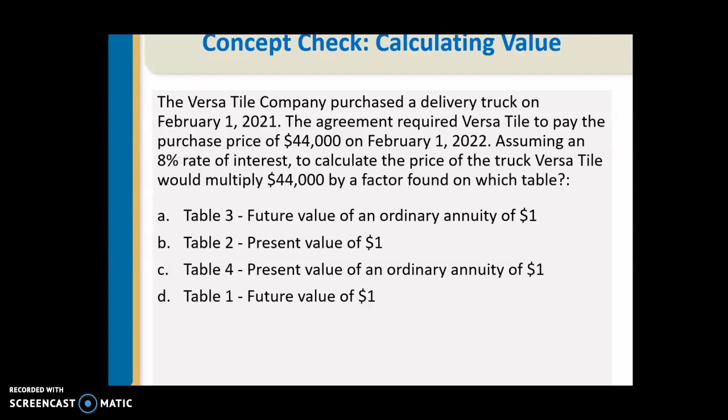Assuming an 8% interest rate to calculate the price of the truck, Versatile would multiply the $44,000 future value by a factor found on which table to calculate the present value of that truck?